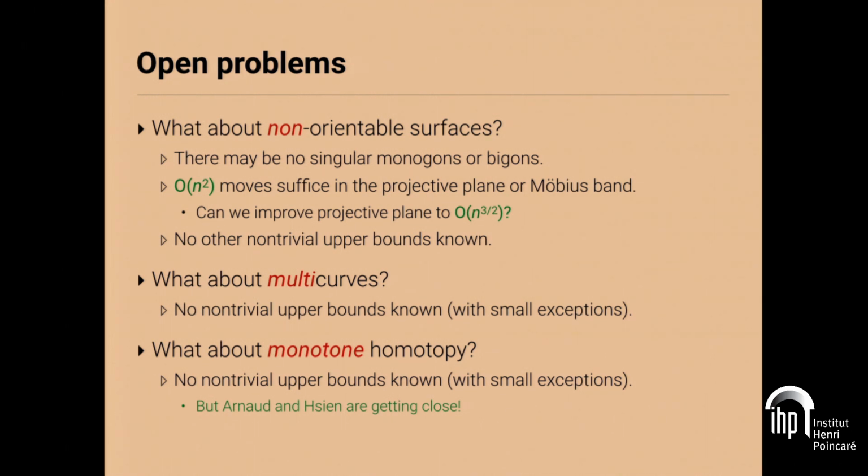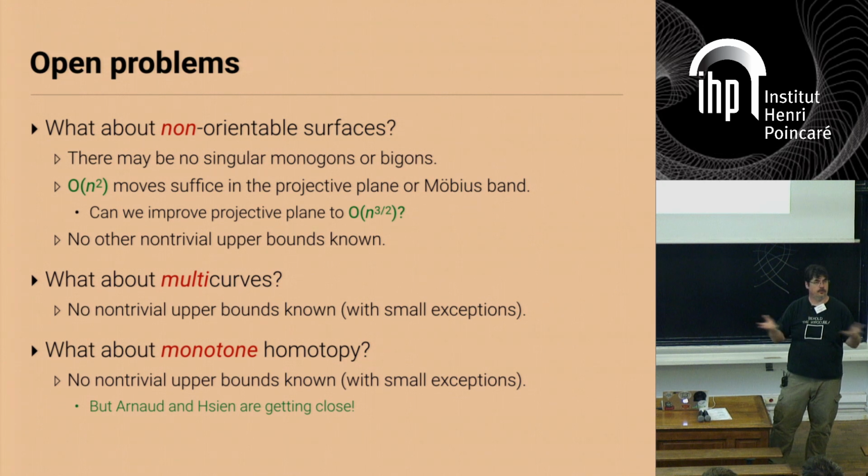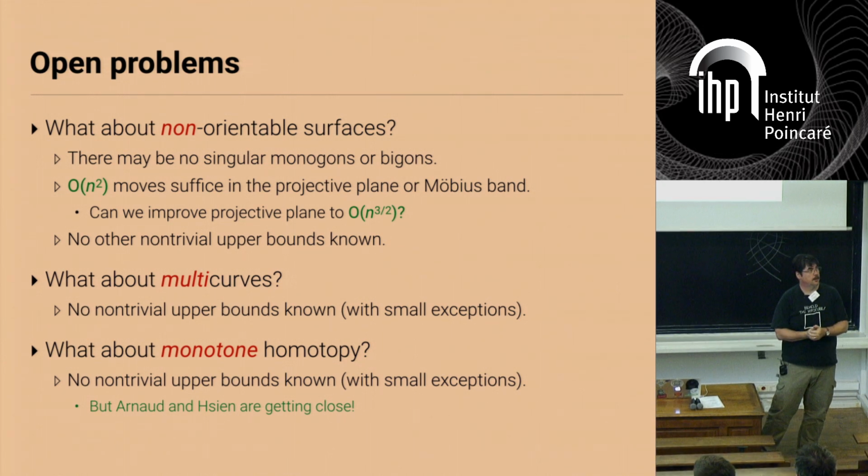You still can do something when you have a projective plane or a Mobius band. Those things we can analyze separately, but we only get a quadratic upper bound. These things are very, very close to being planar, so maybe that quadratic bound for the projective plane, Mobius band, we can't improve because a Mobius band contains an annulus, but the projective plane doesn't contain an annulus, and so we don't know whether the n squared bound should be really n to the 3 halves or not.